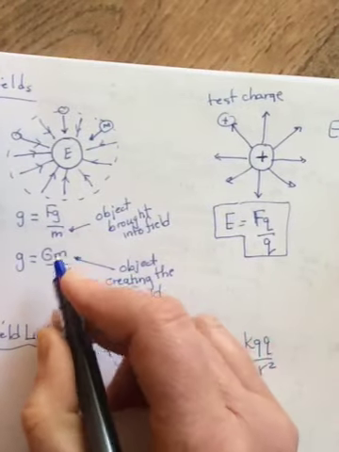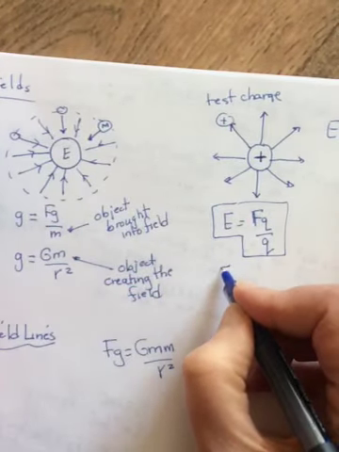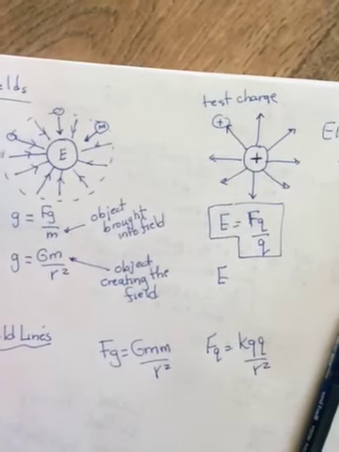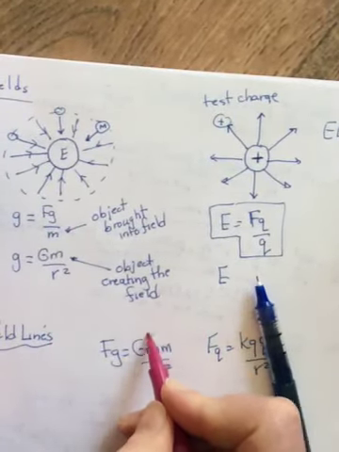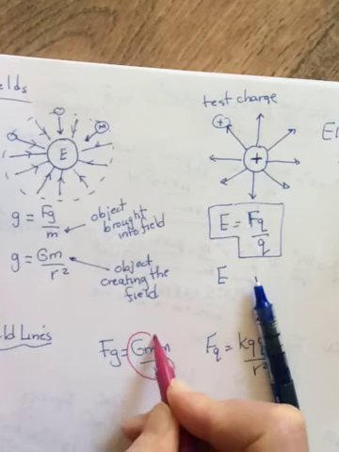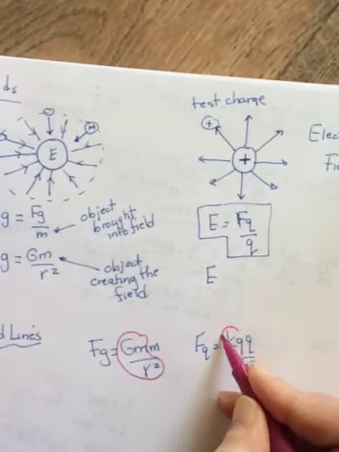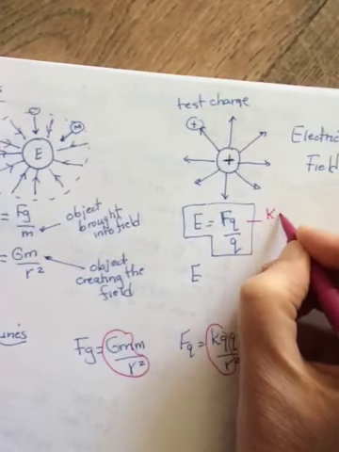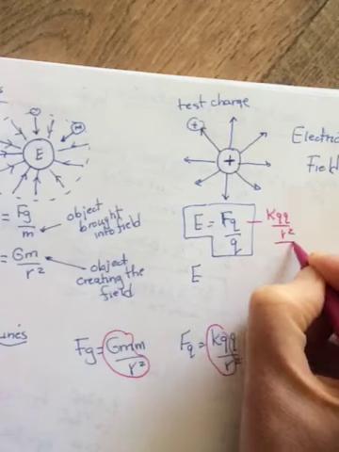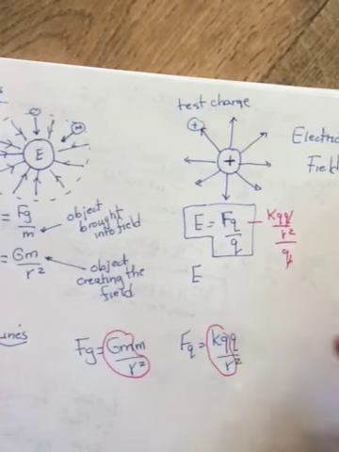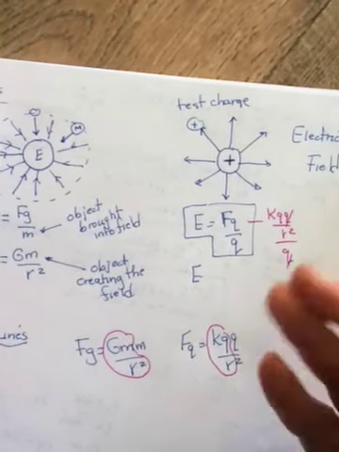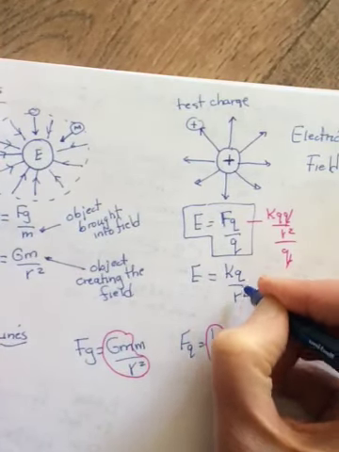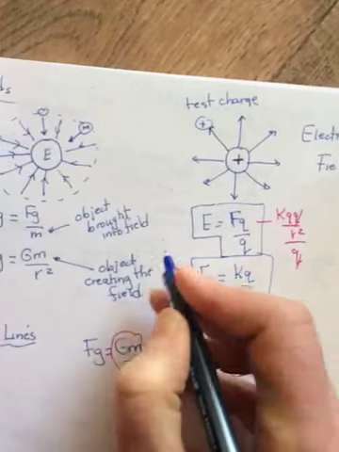The other one is exactly like the second one over here. This one over here is just this piece. And so is this one, because if I put in here KQQ over R squared and divide it by Q, one Q is going to cancel, and I'm going to have KQ over R squared, my second equation.